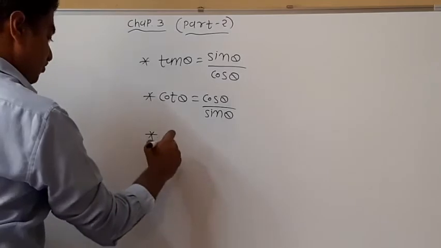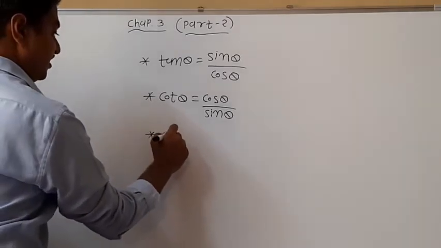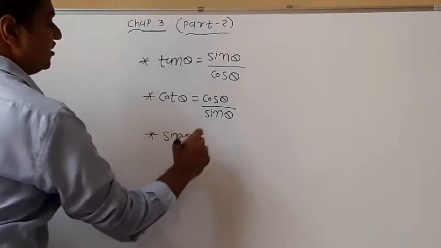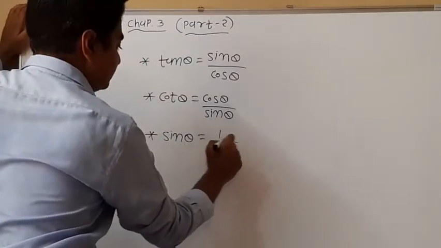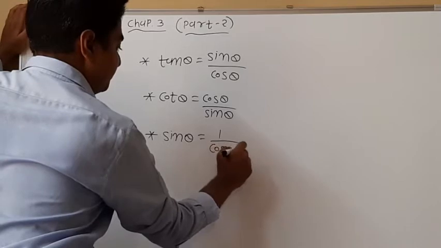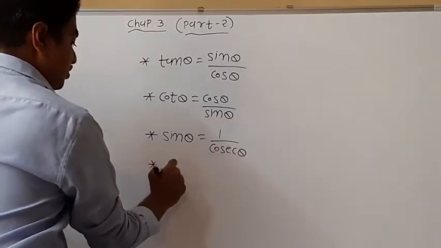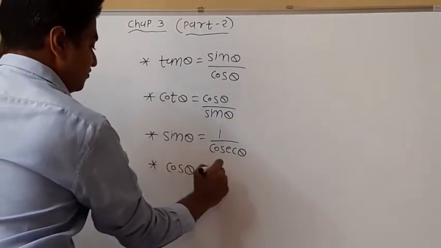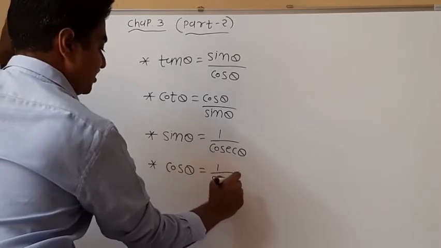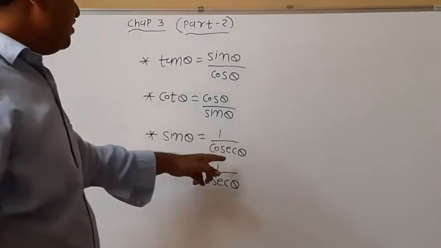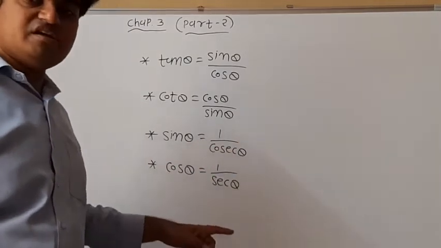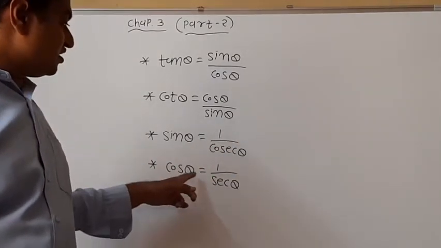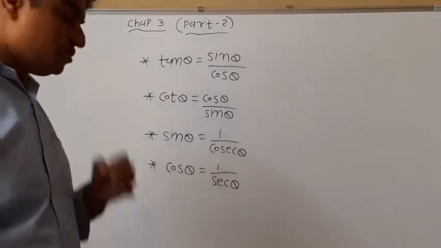Sin theta is equal to 1 upon cosec theta, and cos theta is equal to 1 upon sec theta. So we can also write cosec theta is equal to 1 upon sin theta, and sec theta is equal to 1 upon cos theta.